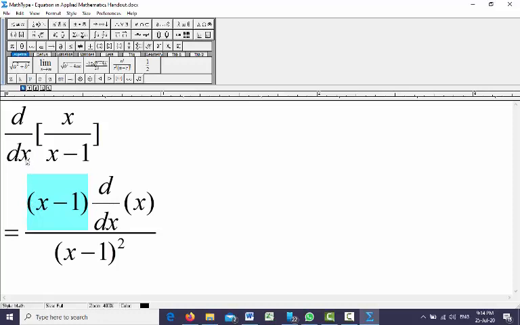And then you will have a d by dx, and in front of d by dx, whatever you have in the numerator, you should write that one. And then, since we are not applying the multiplication rule, we are applying the division rule, we will have a minus there.